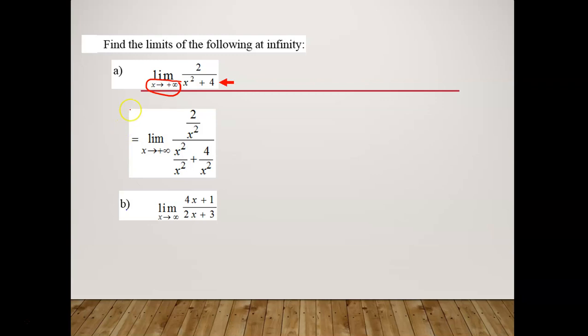So what happens is when you apply substitution, limit x approaching positive infinity, is a very big positive number, 2 over x squared plus 4. This is just a concept to help you understand, by imagination.